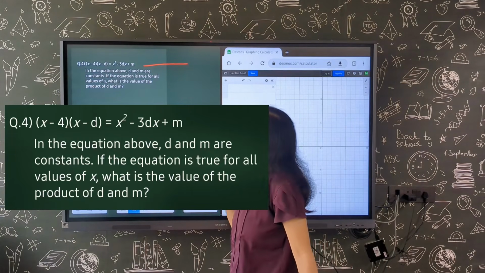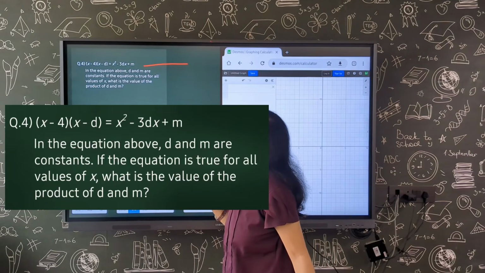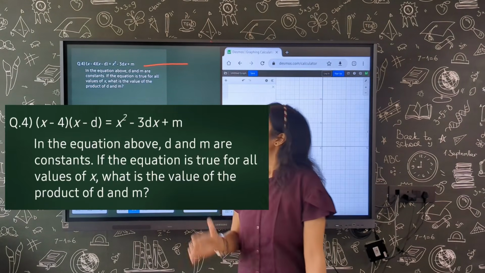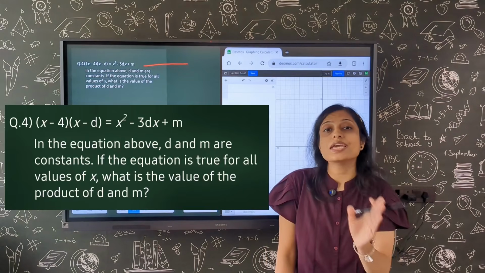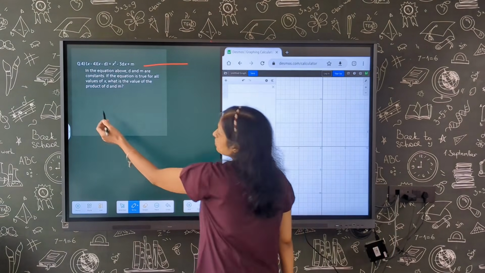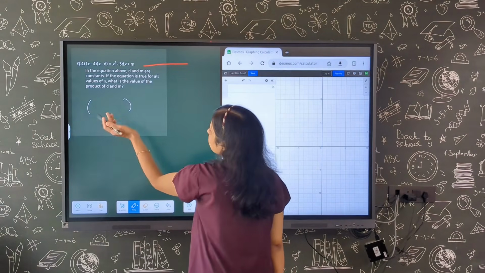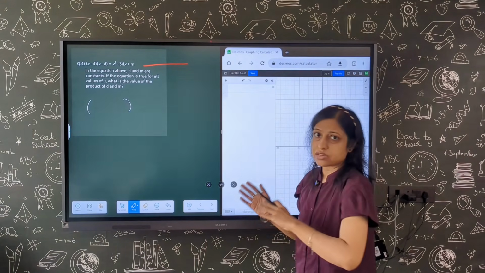In the equation above, d and m are constants. If the equation is true for all values of x, what is the value of the product of d and m? So yes, I know that a math student will say simply expand the left hand side and compare the left hand side with the right hand side, right?